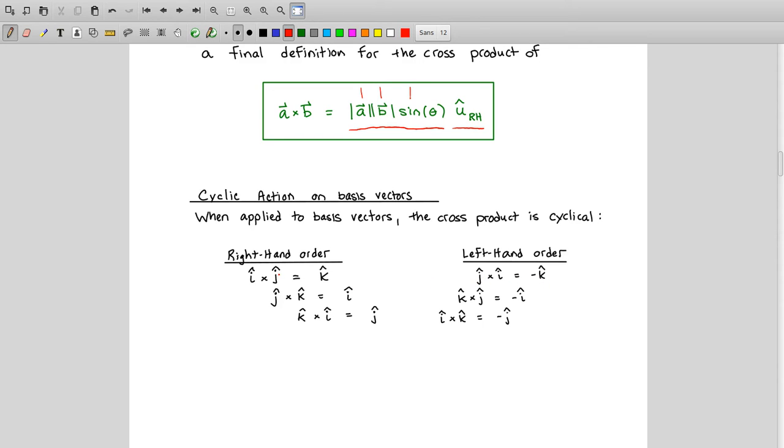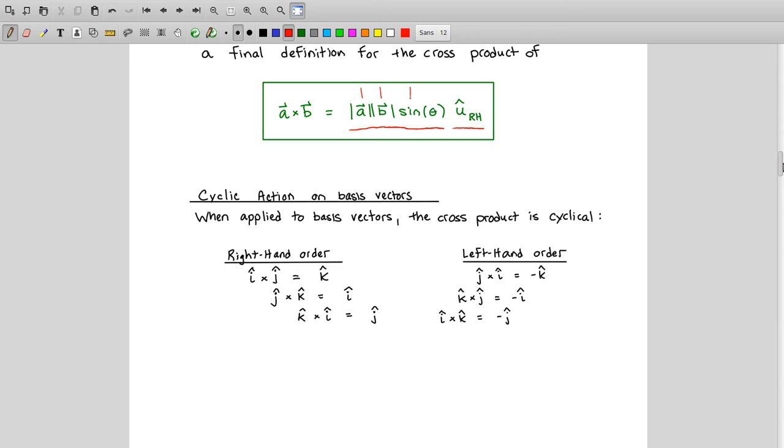So if you imagine pointing your arm in the y direction, curling your fingers in the x direction, you'll find your thumb pointing in the negative z direction. So j cross i is negative k. Similarly, k cross j is negative i, and i cross k is negative j. So if you're taking cross products in the opposite order, you get negative signs in front of your results.